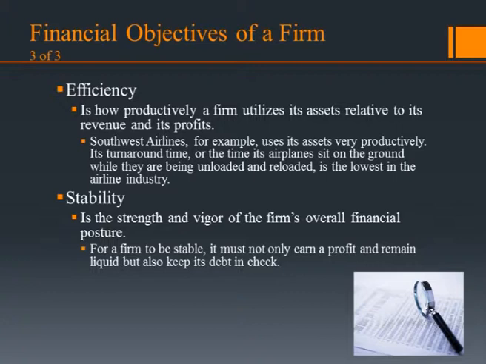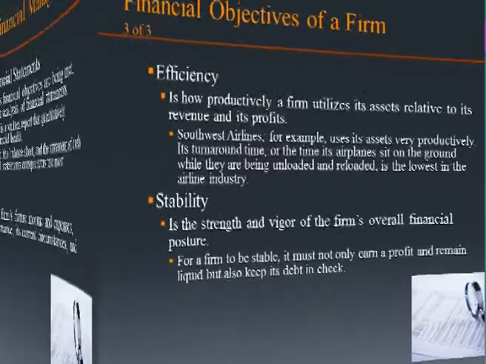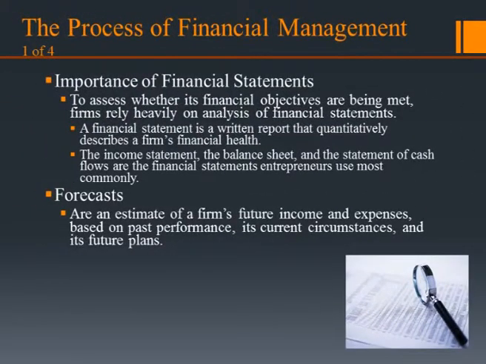Finally, the last objective, stability, is the strength and vigor of the firm overall financial posture. For a firm to be stable, it must not only earn a profit and remain liquid, but also keep its debt in check. Now, we look into the process of financial management.